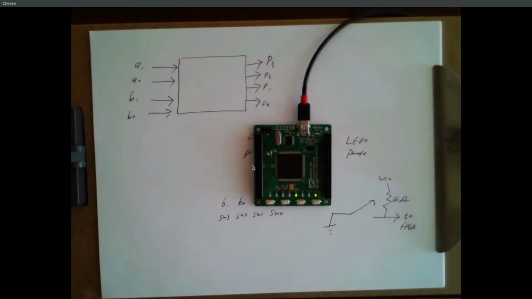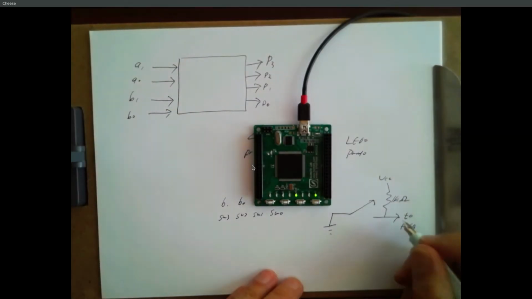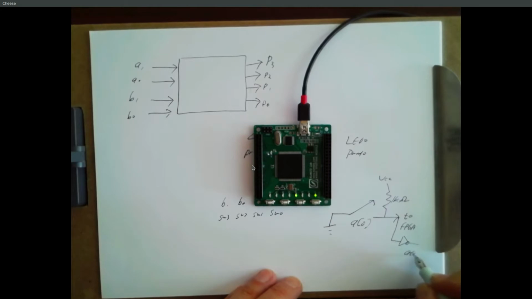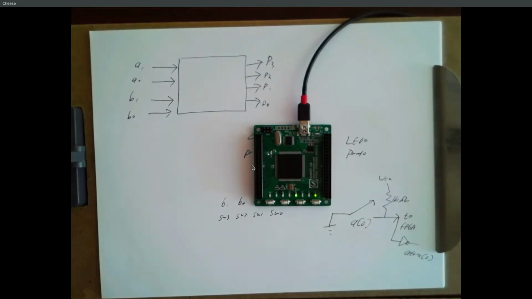Effectively I'm taking this and sending it through an inverter. So if this was A0, this is what I'm calling A true 0. But I'm doing that in Verilog.